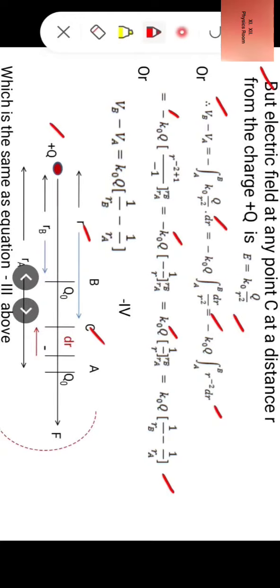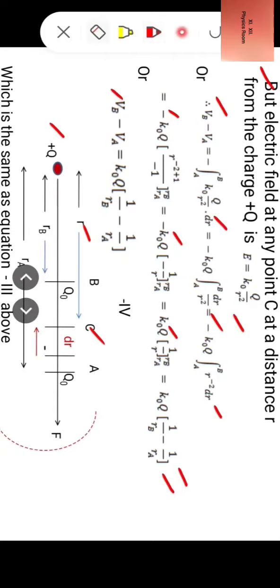We evaluate the limits, upper limit minus lower limit. So we replace r by upper limit, then minus the lower limit. So we write k naught q into 1 by rb minus 1 by ra, or we can write Vb minus Va is equal to k naught q into 1 by rb minus 1 by ra.